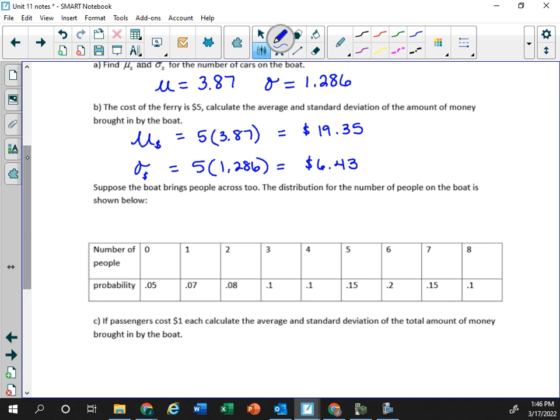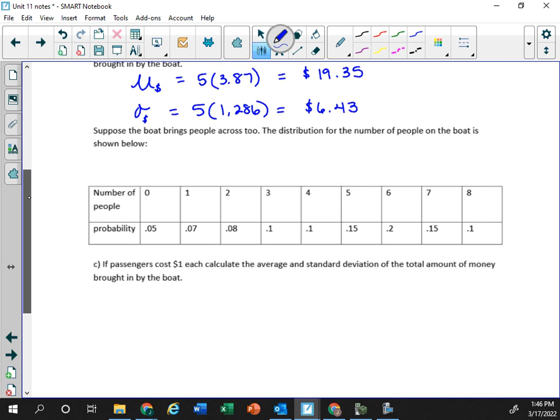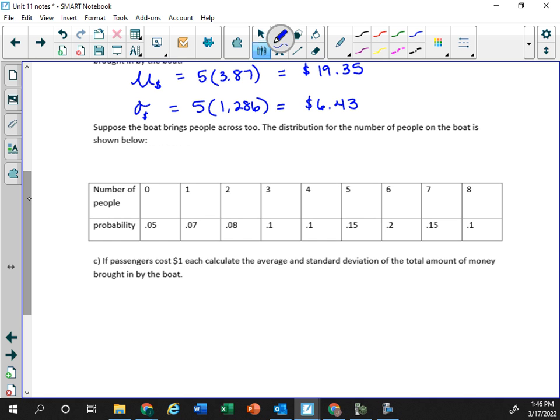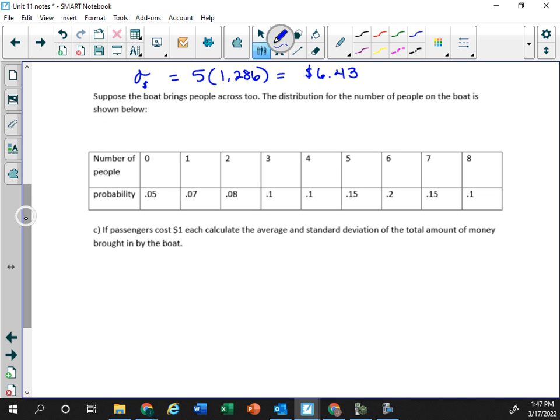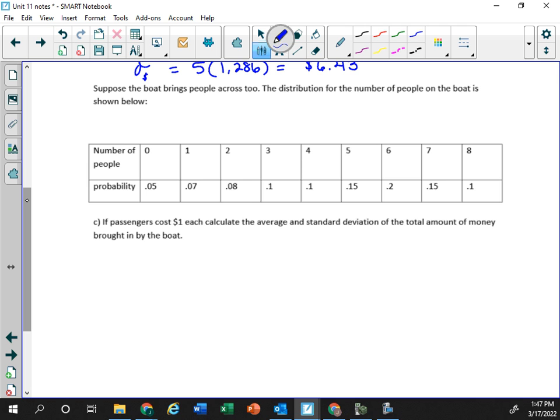Okay. Suppose we throw some people on that boat as well. So now we have the distribution for the number of people that ride across on the boat. I want you to calculate the cost if you get $1 per person who comes across. It's $1 instead of $5.